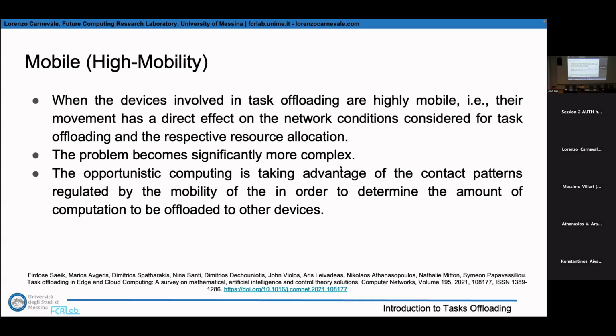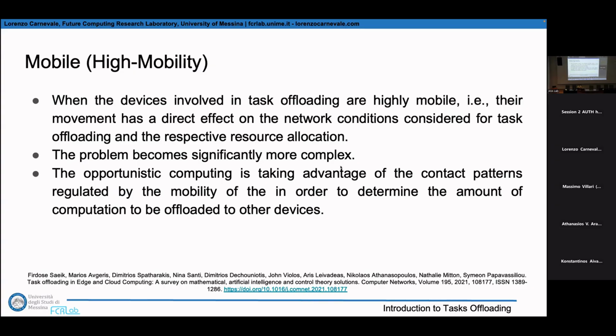The problem becomes significantly more complex to manage, and typically the computation paradigm adopted is called opportunistic computing, which takes advantage of the contact pattern regulated by the mobility to determine the amount of computation that needs to be offloaded to other devices.